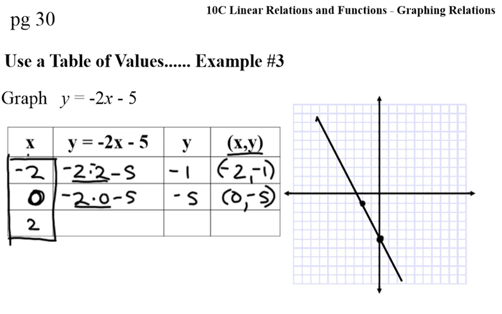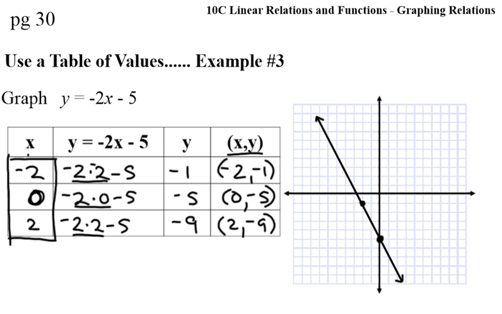However, do we know for sure we're correct? We don't. If one of those points is off, it still might look like it makes sense. So using that third point, now we're using 2 as x, -2 times 2 is -4, -4 minus 5 is -9, we end up at (2, -9).